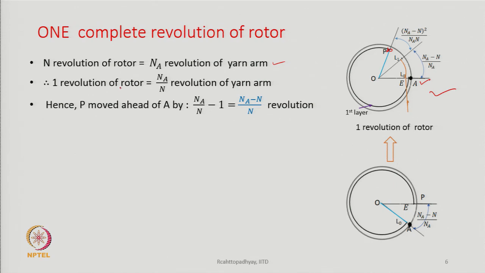So, one revolution of the rotor is capital N A by N revolutions of the yarn arm, and therefore P moves ahead of A by how much? The difference between these two, N A by N minus 1, because one revolution of the rotor. So, that basically means it is capital N A minus N by N revolution. So, this whole rotation from here to there, which is not shown, is N A minus N by N revolution.